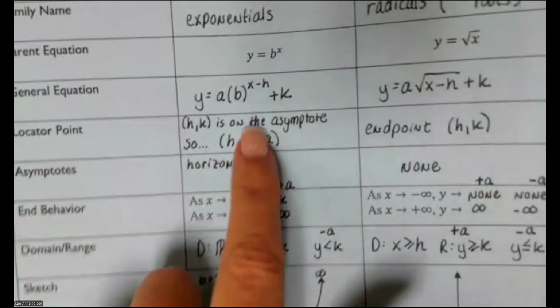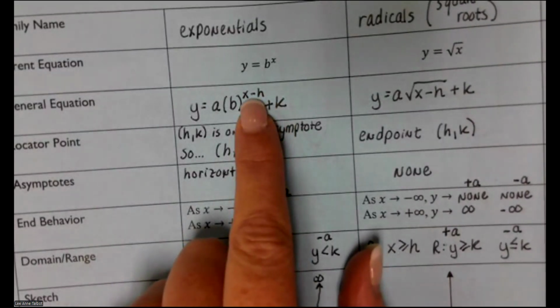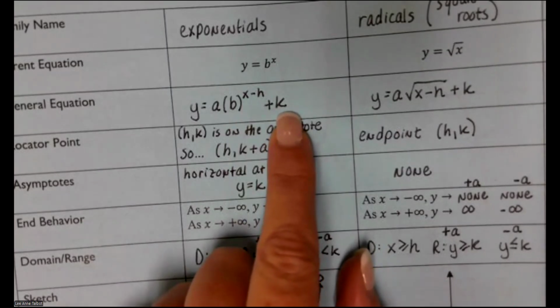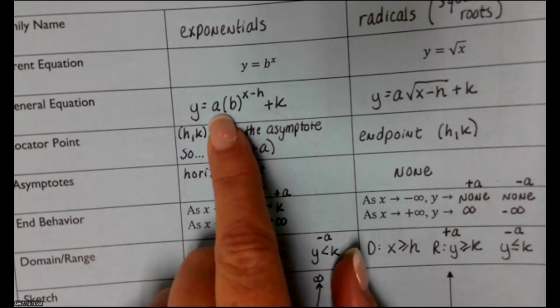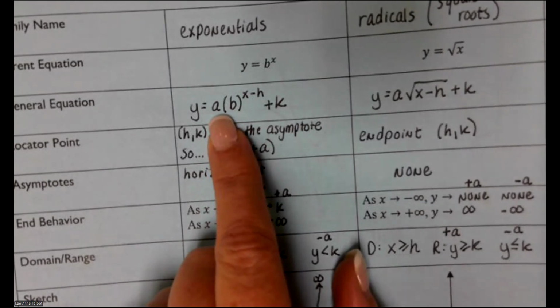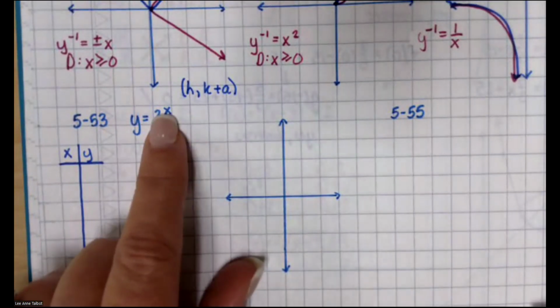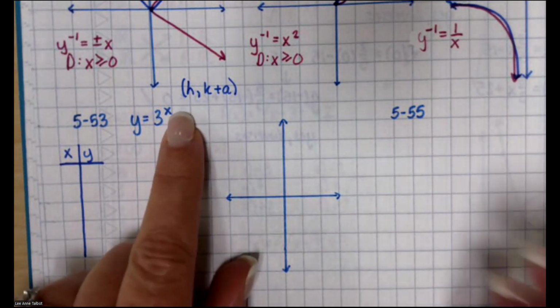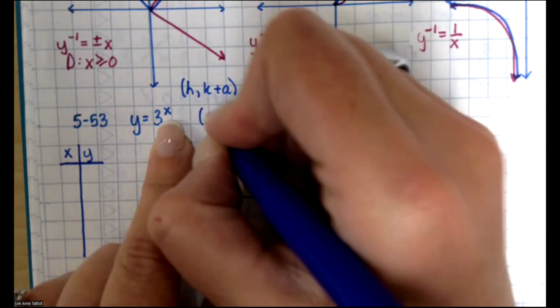And h is anything after the x in the exponent. k is anything outside, and a is anything in front of the parentheses. Okay, so this is a very simple one. Is there anything after x in the exponent? No. So h is 0.